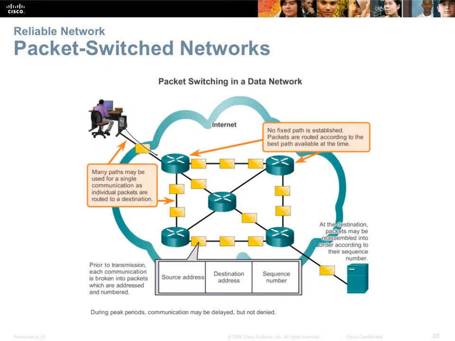Each piece of information will take a different path, a different route. I don't establish any circuit. There's no dedicated circuit for your communication anymore. Instead, your information will be divided into smaller pieces, and these smaller pieces can flow in the network in any non-deterministic path.